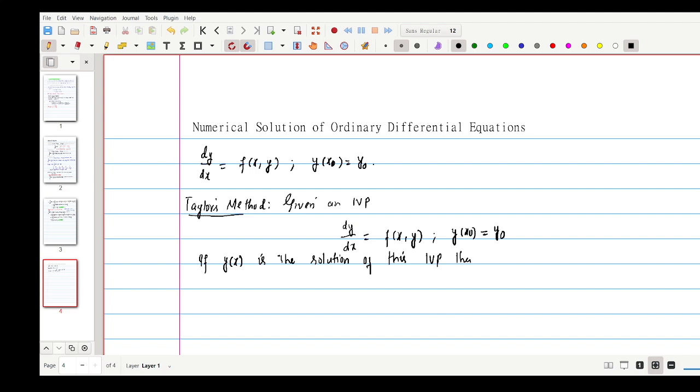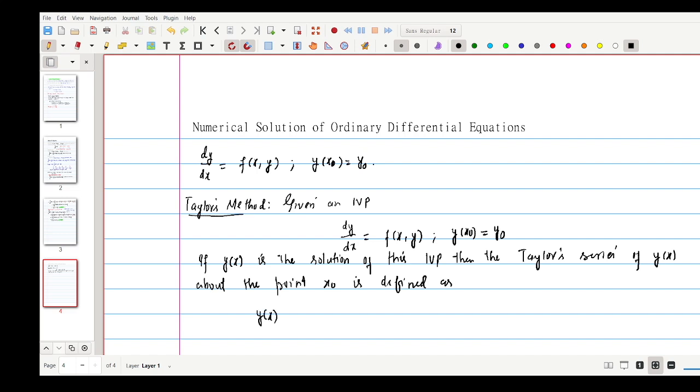then the Taylor series of y of x about the point x0 is defined as follows.